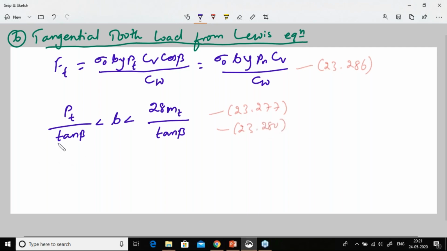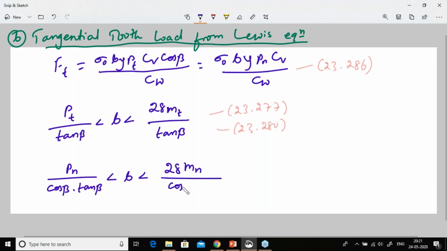By modification, substituting the values, Pt can be written as Pn divided by cos beta, into tan beta, less than B, less than 28 mt. Mt can be written as Mn divided by cos beta, into tan beta.